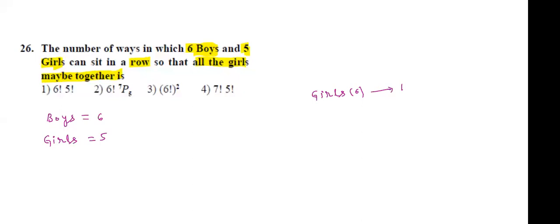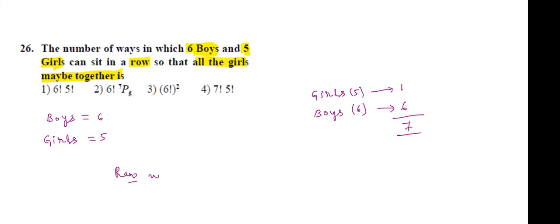All girls can be treated as one unit. Then boys, how many members are there? Sir, girls only 5 now, sorry. Girls only 5. Boys 6 members. Treat as 6 units. Total how many units? 7 units.